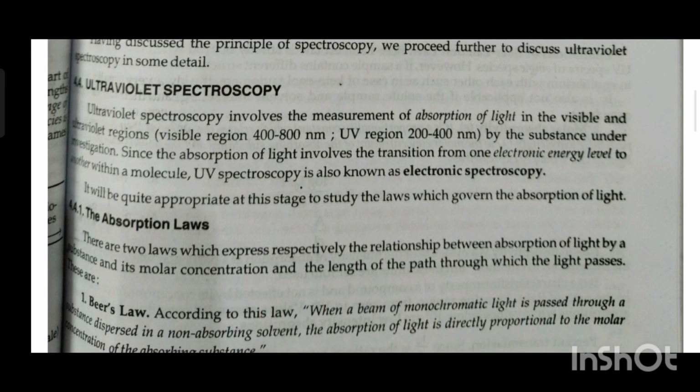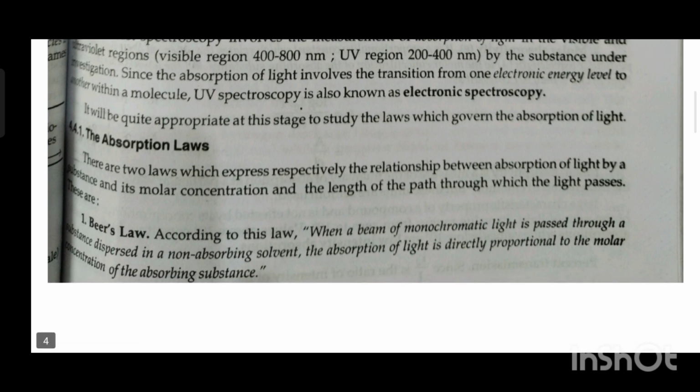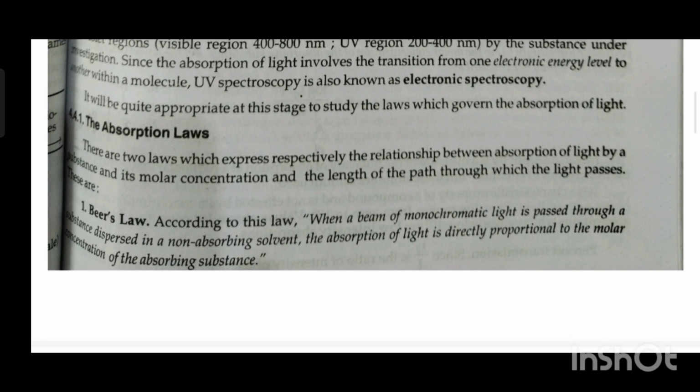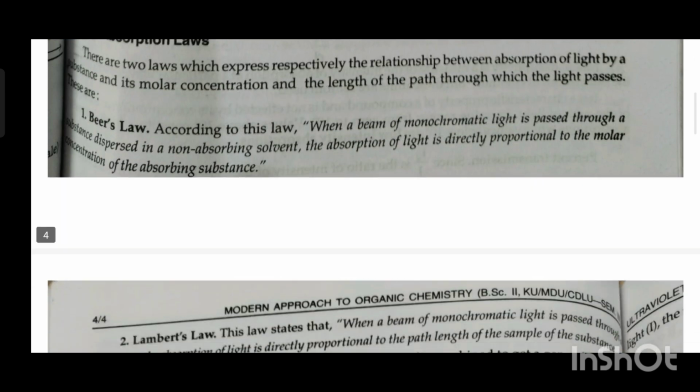It will be quite appropriate at this stage to study the laws which govern the absorption of light. The absorption laws. There are two laws which express respectively the relationship between absorption of light by a substance and its molar concentration, and the length of the path through which the light passes. Beer's law: when a beam of monochromatic light is passed through a substance dispersed in a non-absorbing solvent, the absorption of light is directly proportional to the molecular concentration of the absorbing substance.